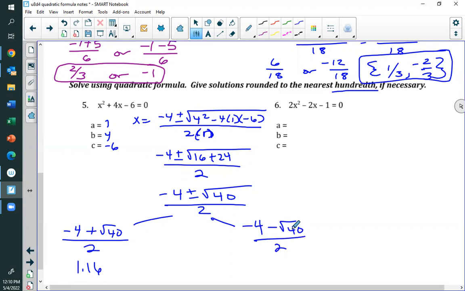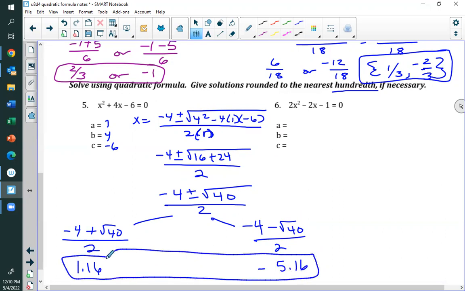So I put in 4, make it negative, and subtract the square root of 40 and divide everything by 2. This is equal to negative 5.16. So these are my answers on my parabola. If I have this coordinate grid at 1.16 and at negative 5.16, that's where I'm hitting my x-axis. Okay.